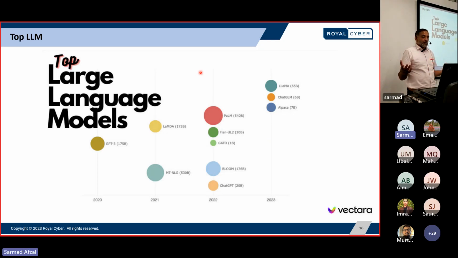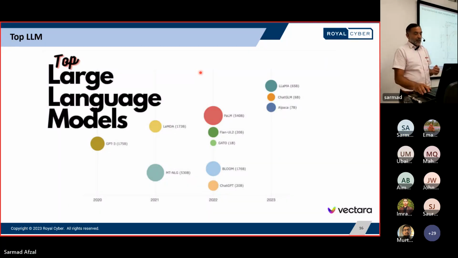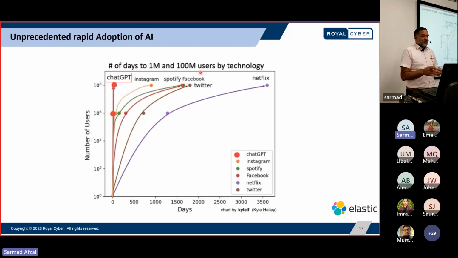So there are a lot of large language models currently available. It took Netflix 10 years to reach 100 million users. It took ChatGPT just 1 month to reach that same amount of users.